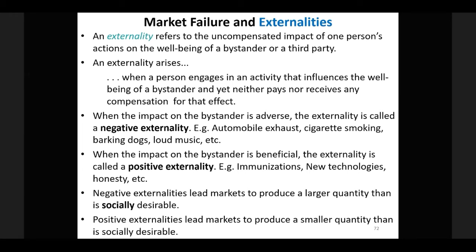So if one individual is taking an action based on his private benefit and therefore concerned about his private costs, and this private benefit, private costs affects the well-being of somebody who is not party to this decision, somebody who is a third party, somebody who is a bystander, then we refer to this as externality when the impact is uncompensated for, which means when you are able to compensate for the impact, then there is a likelihood that you will be addressing externality as well.